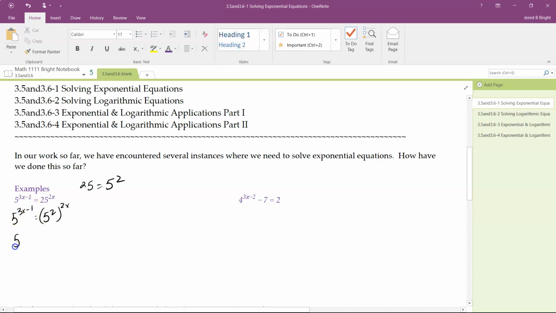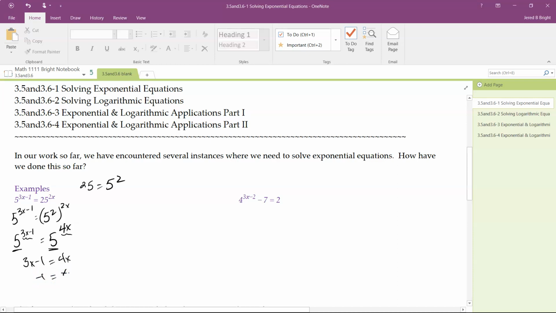Multiplying exponents by properties of exponents, that's 5 to the 4x on the right side. This is an instance where we can apply the one-to-one property: since the bases are the same, the exponents must be the same. So 3x minus 1 is equal to 4x, and subtracting 3x on both sides, negative 1 is equal to x, and we're done.